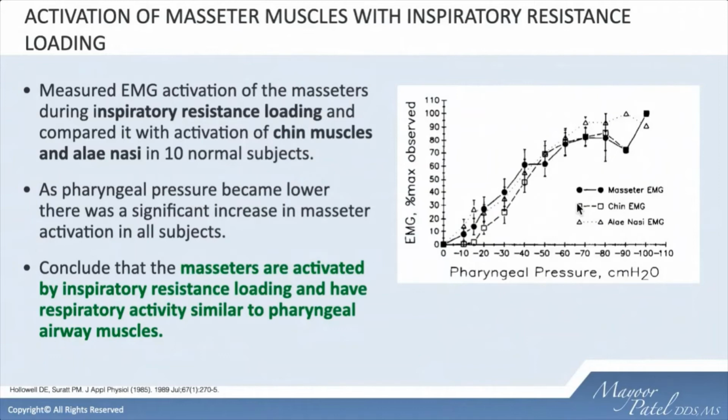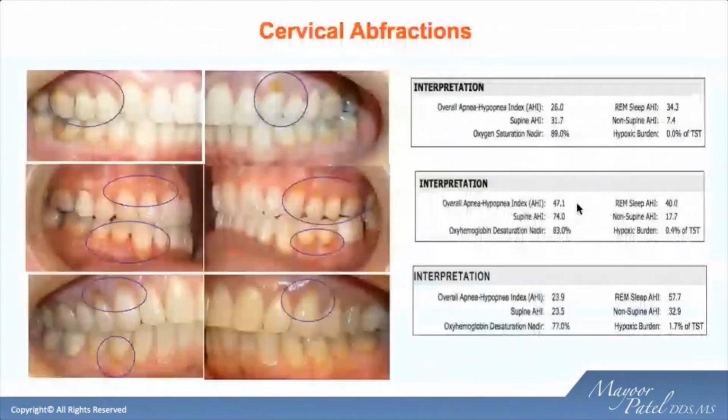So can it be that the forces on these teeth that we see in some of these patients are a result of hypercapnia, or in this example, an obstruction taking place, leading to a reflex to try and move the tongue forward in an effort to open up the airway and get the oxygen we need? And what you'll find in cervical abfraction patients, when you get them tested, the vast majority will test positive for some form of an airway issue. These are just examples from my general dentistry days, where finding these lesions, sending these patients off, getting them tested, and coming back with various degrees of apnea, and of course, managing it.